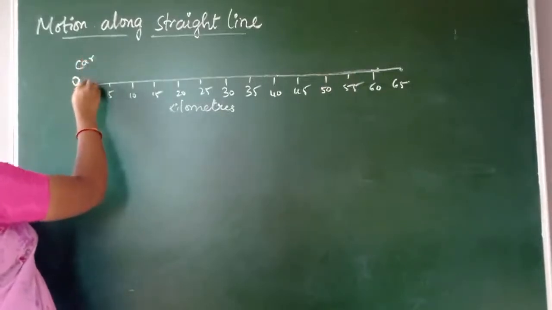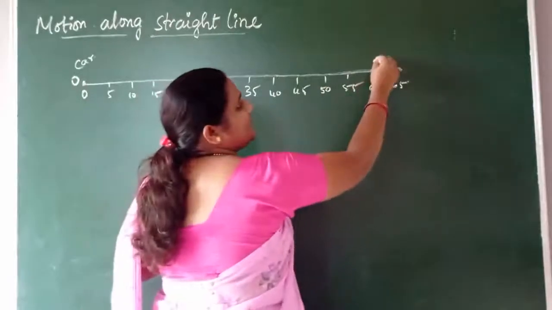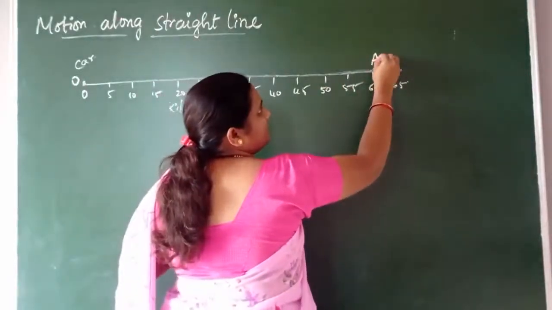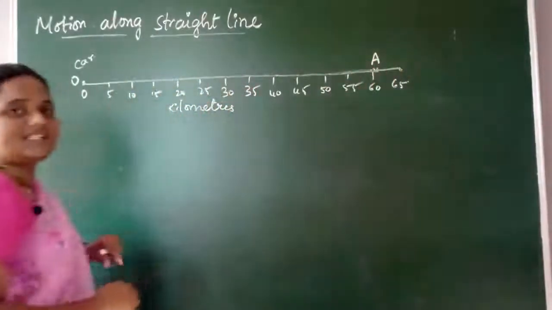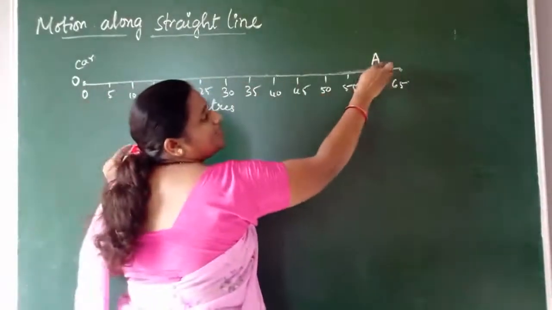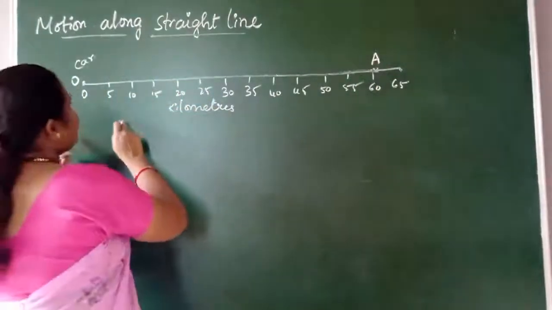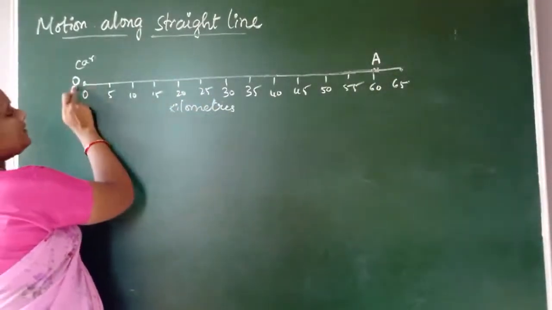If a car travels from point O to point A at 60 kilometers, up to where is it traveling, children? From 0 to 60. Let us mark this point as A. Here, first how does it travel, children?